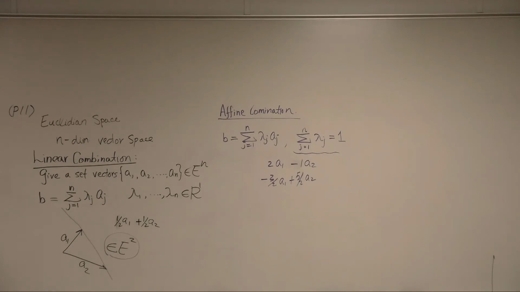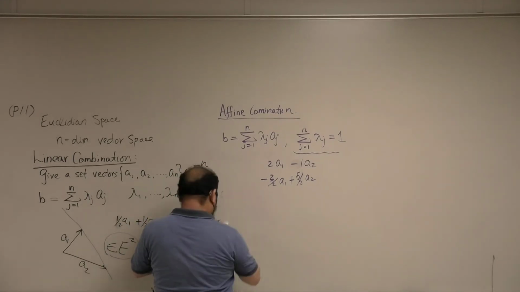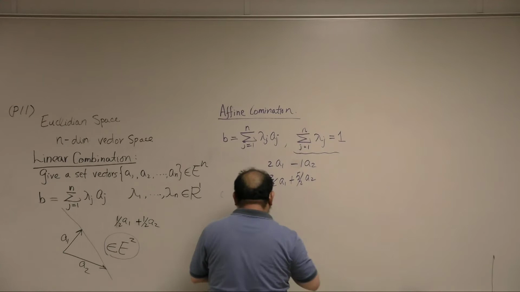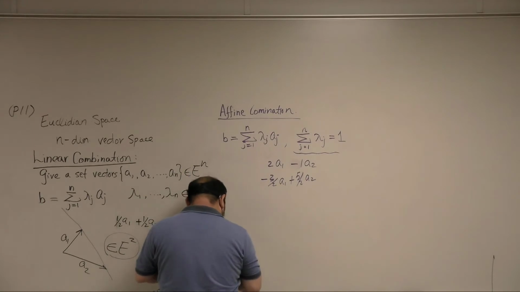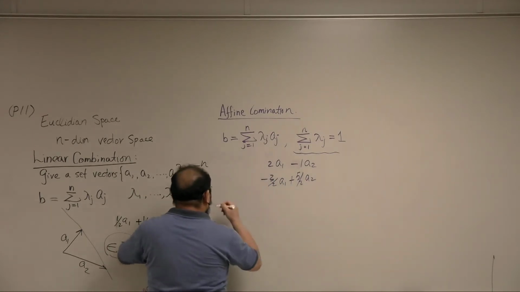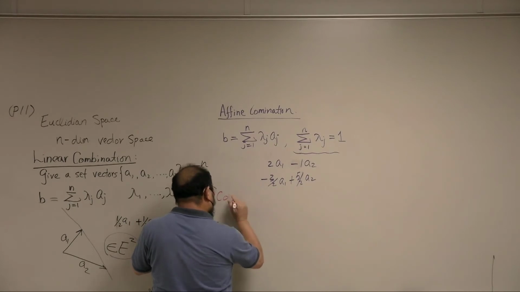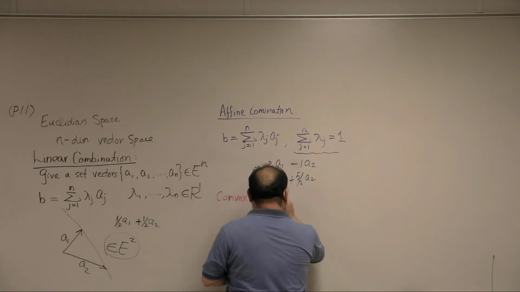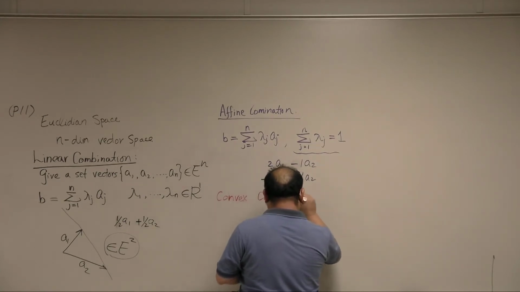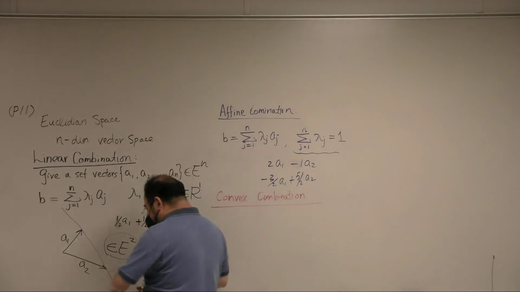Now, we're ready for another restriction. The third one we call the, using a different color so you can see, why don't we use red color? We call it convex combination. What is this supposed to mean?